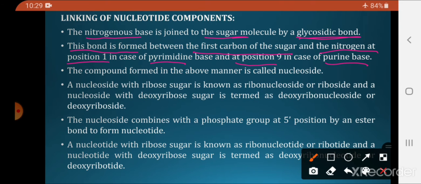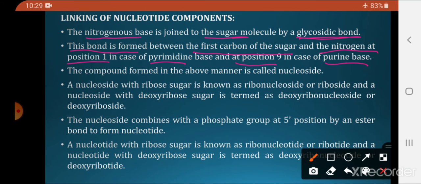So ये bond बनता किसके बीच में है? Always it will be the first carbon of the sugar. Sugar का first carbon will bind with the first nitrogen in case of pyrimidine or the 9th nitrogen in case of the purine.